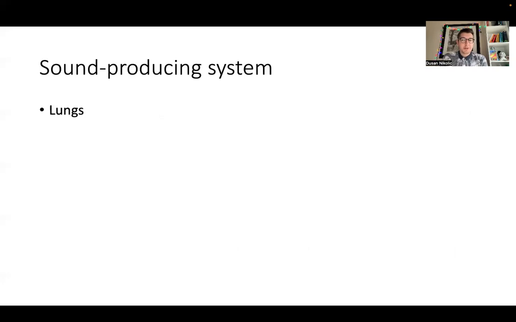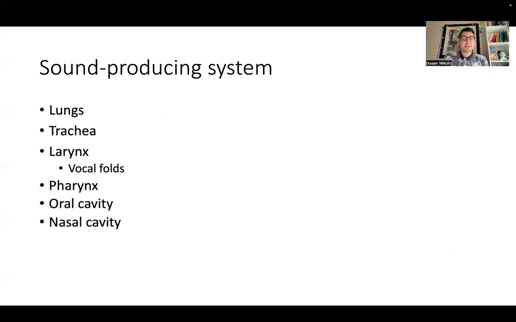All right, so we talked about IPA and its properties and principles, but we also talked about the sound producing system, and IPA is actually based on these. The sound producing system consists of lungs, trachea or windpipe, larynx and vocal folds within the larynx, pharynx as well, oral cavity, and nasal cavity.